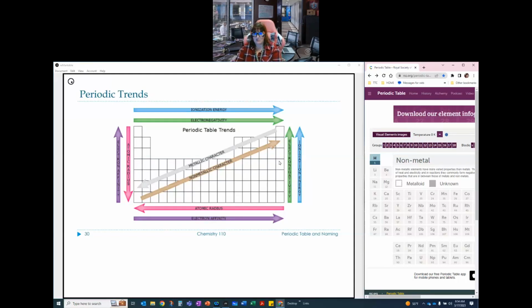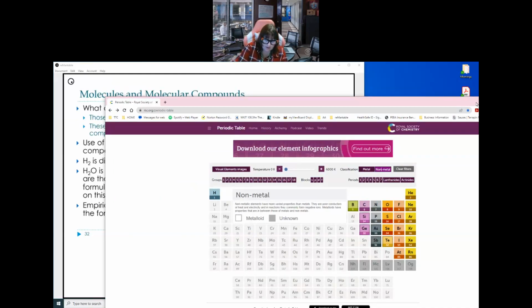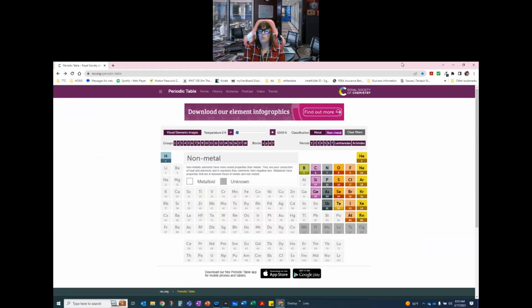And when we talk about electronegativity, okay, since we haven't actually talked about that yet, electronegativity is related to electron affinity. So electronegativity is a measure of how much a particular element wants that electron.